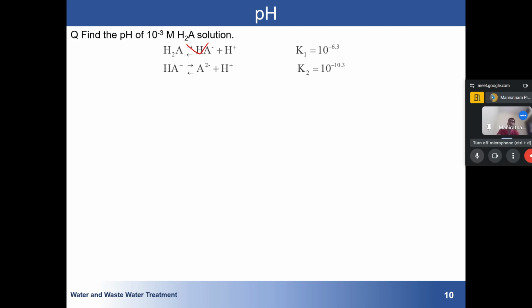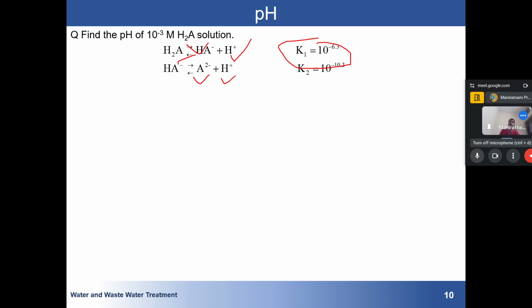Whenever you add H2A to water, it forms HA- and gives H+. This happens around pH 6.3. Similarly, this HA- will again dissociate into A2- and H+.